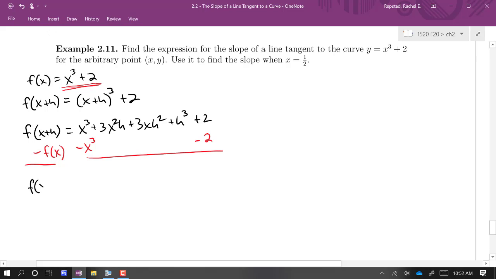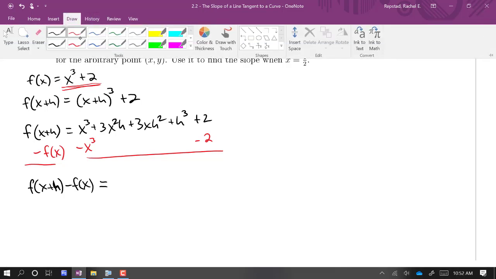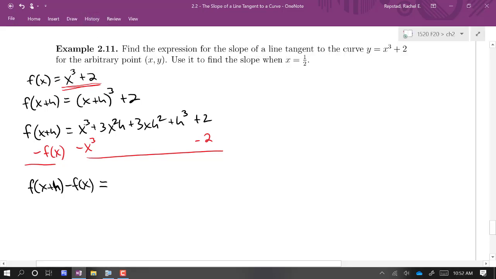So f of x plus h minus f of x: up here we could see the x cubes cancel and the 2's cancel, so we are left with 3x squared h plus 3x h squared plus h cubed. There's our expression for f of x plus h minus f of x.